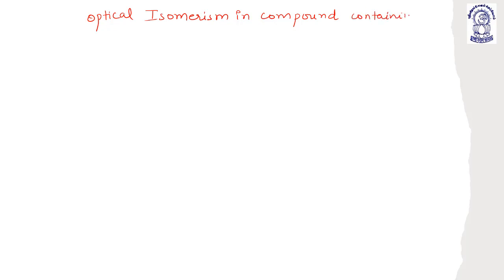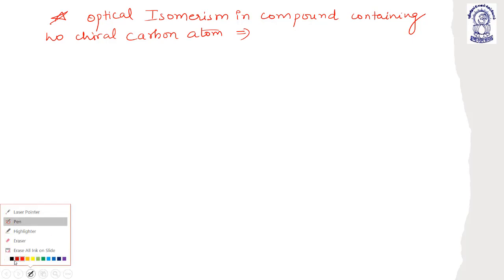There are many compounds belonging to the group of alkenes, dienes, cycloalkanes, spiro compounds, and biphenyls, which do not have a chiral carbon atom but show optical isomerism.